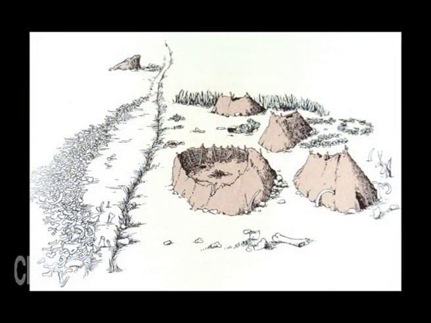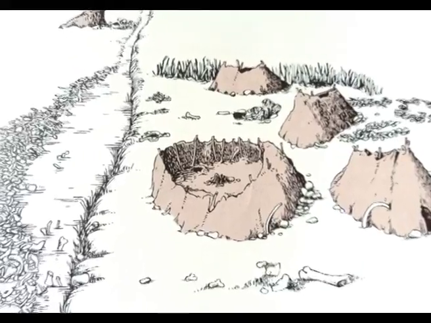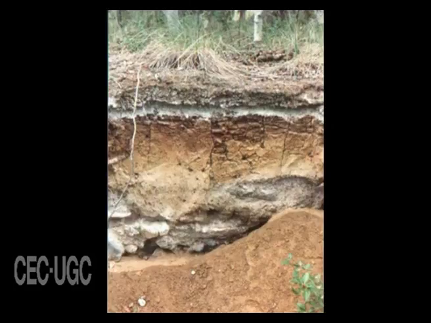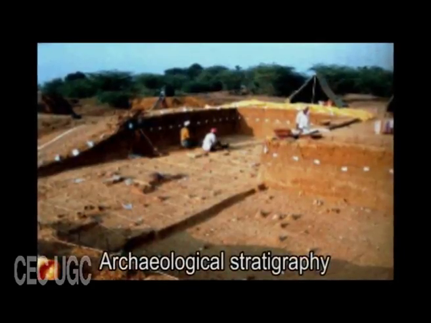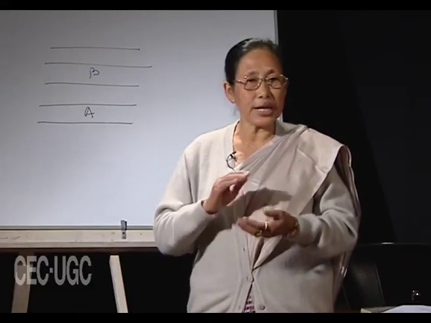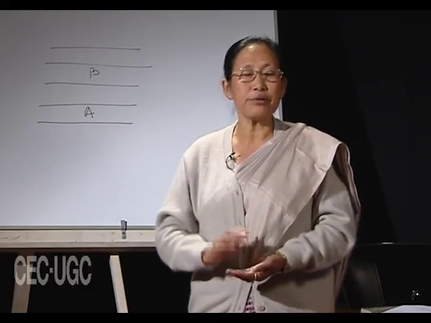Such layers are formed either naturally or due to human occupation in a particular area. The former is called geological stratigraphy and the latter is archaeological stratigraphy. Both are important to derive the relative date of a particular site.